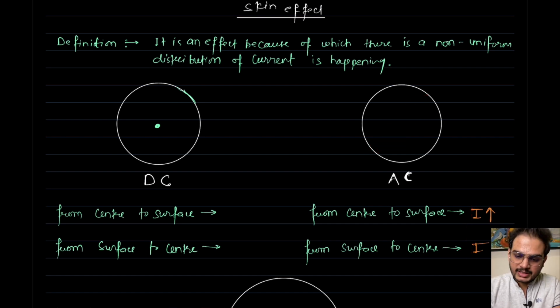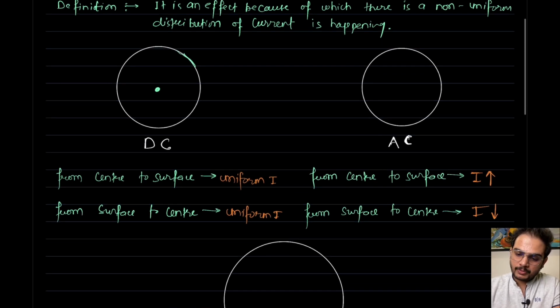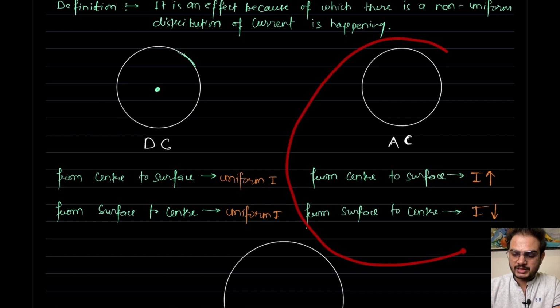But in case of DC, I told you, from center to surface, the same current will be there, uniform current, and from surface to center also uniform current. Our main focus will be towards this AC system.